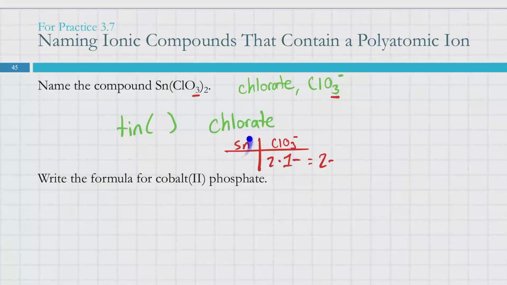If we've just got 1 tin and it needs to balance out a 2 negative, it's got to have a 2 positive to balance out the 2 negative. So it's going to be tin(II) chlorate, or what's our other form? Stannous chlorate.